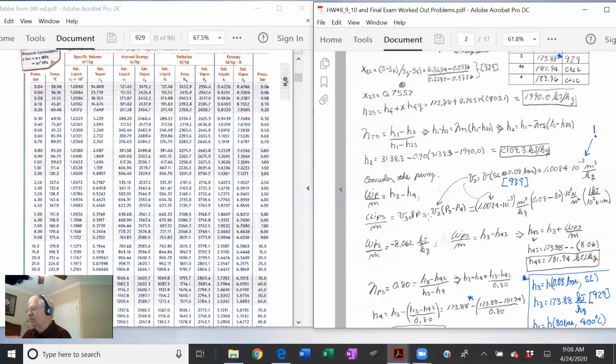But take my word for it, it's perfectly accurate within a percent or two to say the work of the pump isentropic is specific volume, and we know the specific volume at state 3, we're going to look it up, times dP, which is just P3 minus P4. So specific volume at 3, we look it up, it's 1.0084 times 10 to the minus 3.